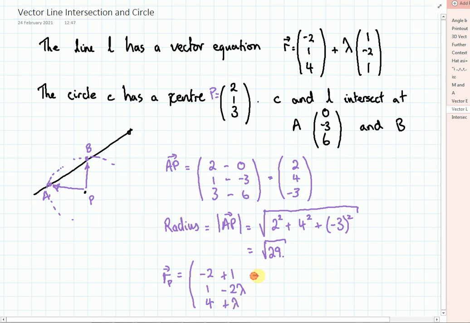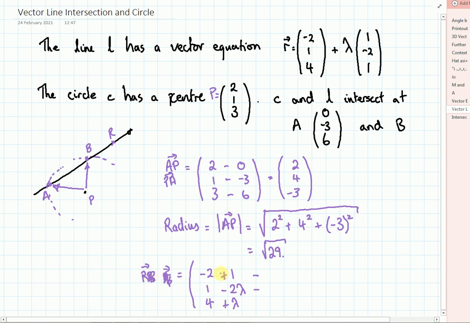And we need to subtract from it some point R, so PR, RP. Got that the wrong way round actually on this one. Really we wanted P to A, so we want R to P in this case.